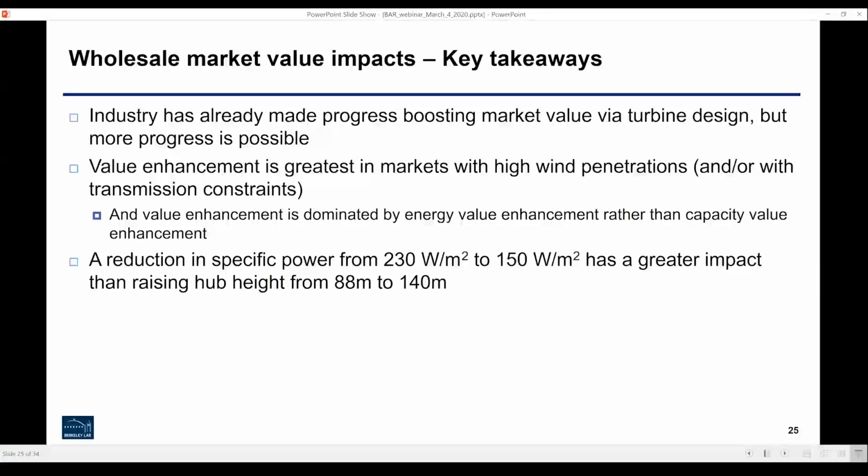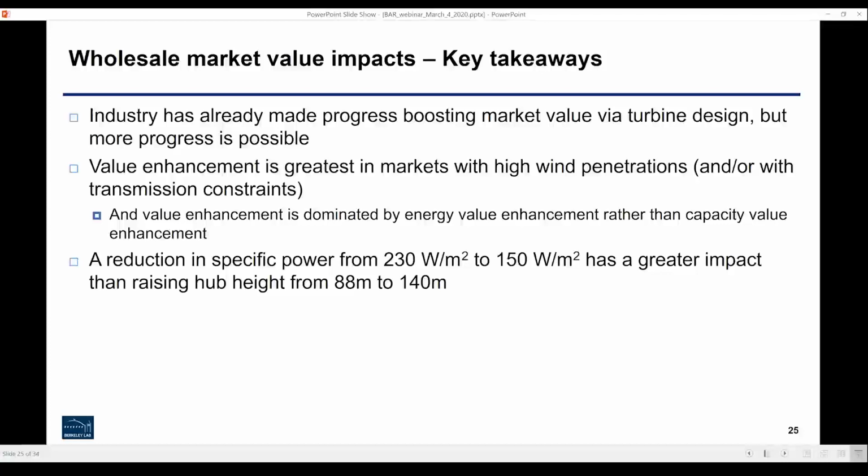Last slide. So just a couple key takeaways. Between 2009 and 2018, the value of turbines has increased due to the reduction in specific power over that time. But much more progress is possible on that front, looking at the modeled low SP turbine.